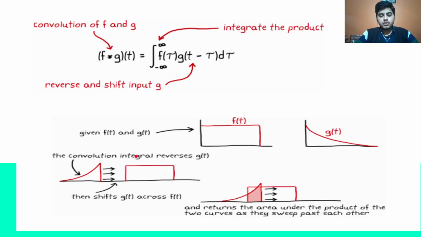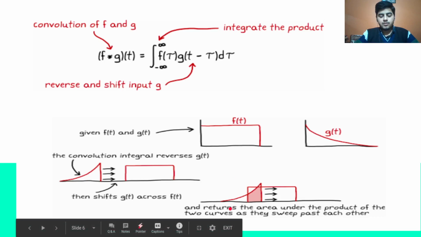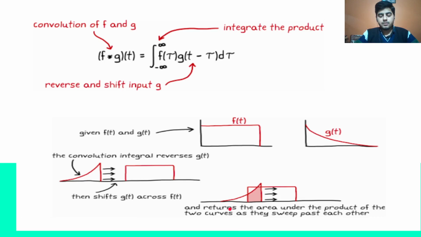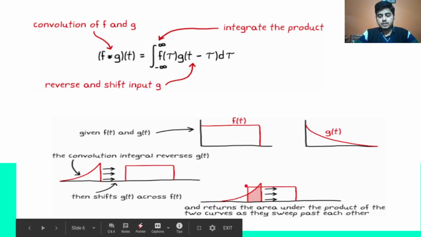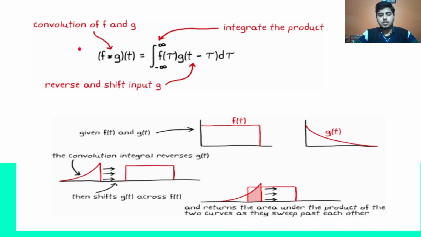To find the convolution, we have to shift one of the functions, let's say g, across f, and in doing so the value of the output is the area under the input function where they overlap, like it is shown here. The mathematical expression is given here, and the convolution of f and g is given by this integral. So whenever we have to find the convolution, we have to solve this integral.